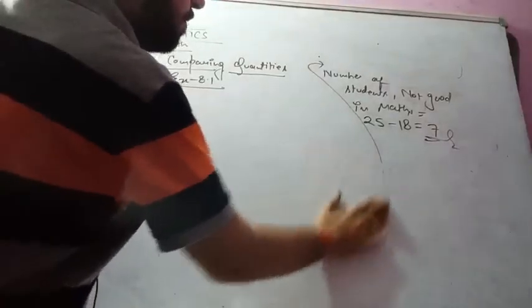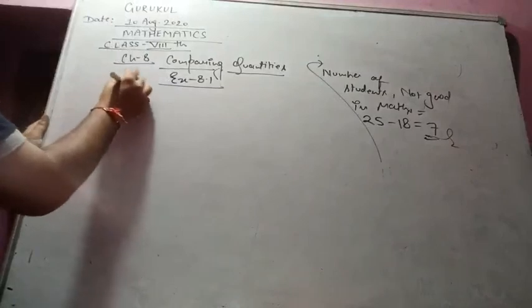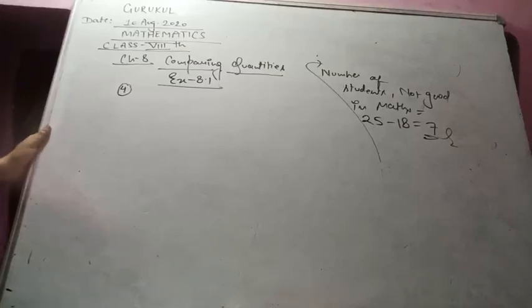Question number 4. Question number 4 is, students, a football team won 10 matches out of the total number of matches they played. If their win percentage was 40, then how many matches did they play in all? I will tell you a trick. In such kind of question, always consider it x.